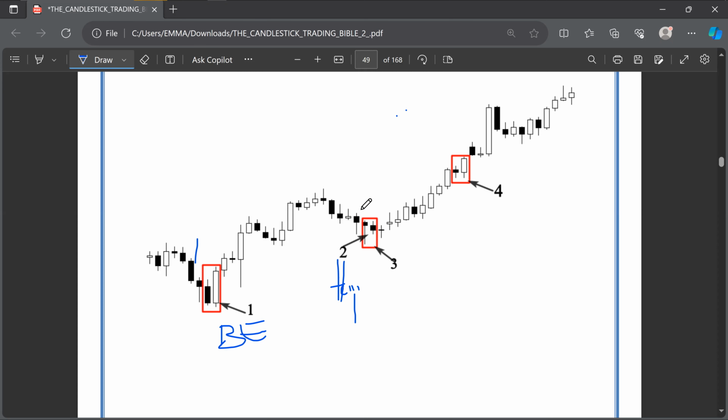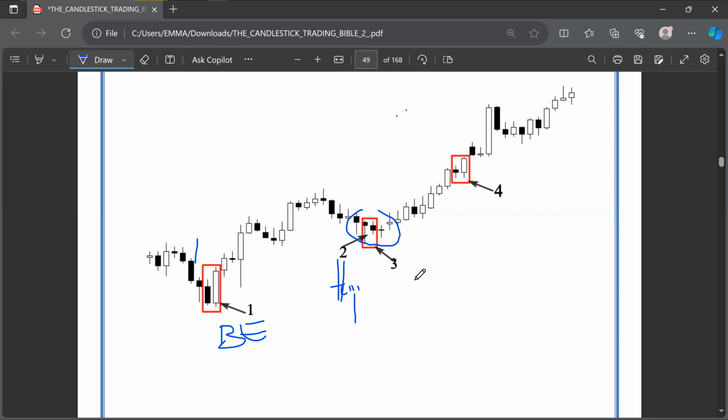Then looking at the whole picture, I can say that this is the harami. This is the harami, in the sense that the first one engulfs the whole of the second one, right?